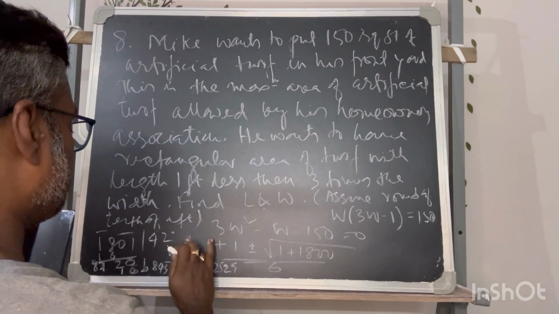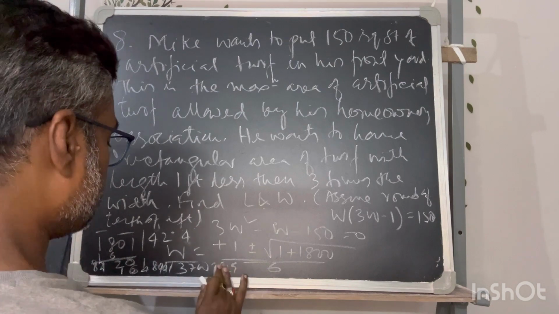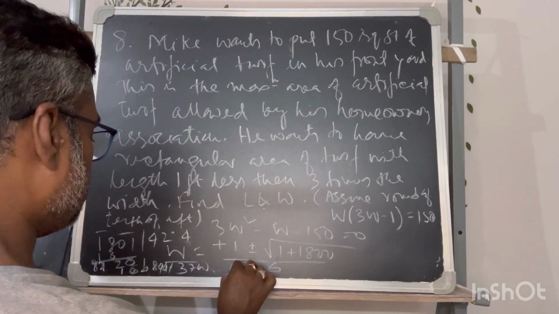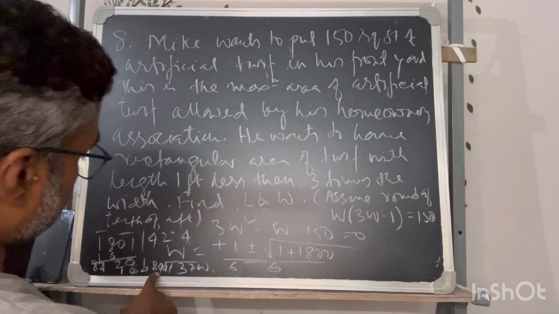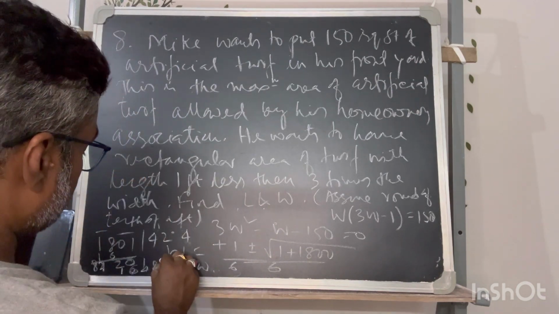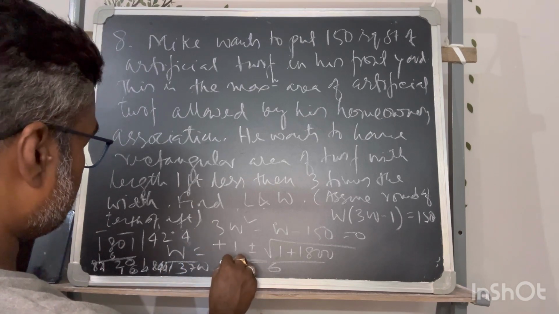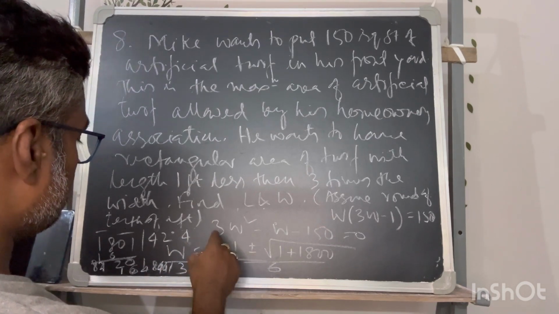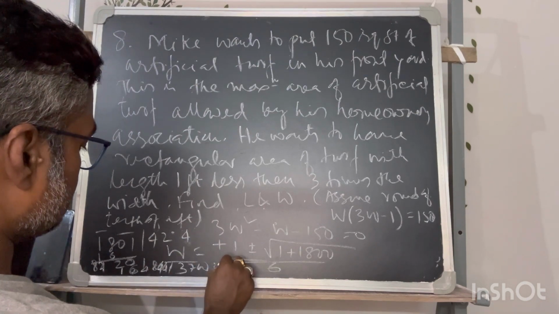4, yes, 4 also is possible. 4 4 is 16, 1, 4 9 is 9, 4 4 is then 4, this is 17, 16 plus 1 is 17, and 4 8 is 32, 33, yes, that is possible.